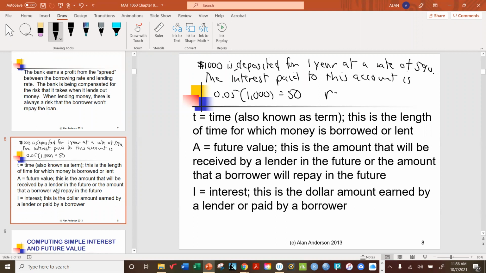So in this case, R would be 5%, but capital I would be $50. They both refer to interest, but one is a percentage or rate, and the other one is a dollar amount.